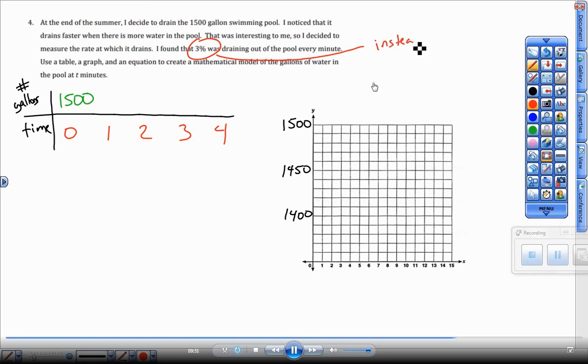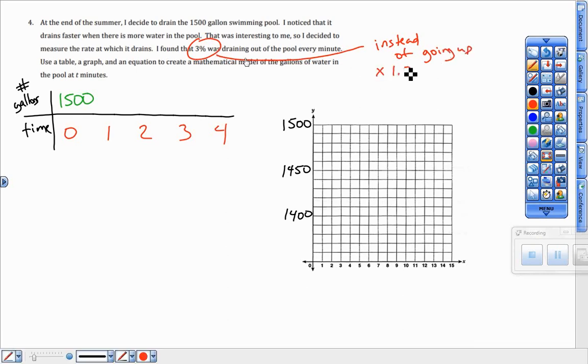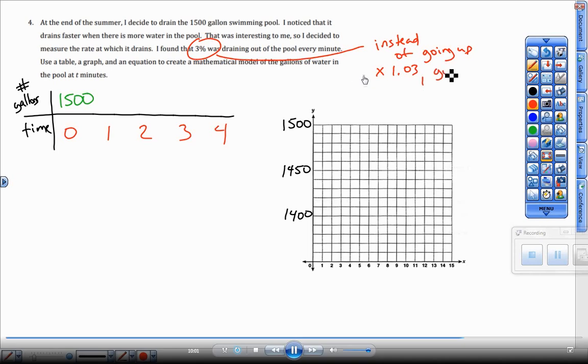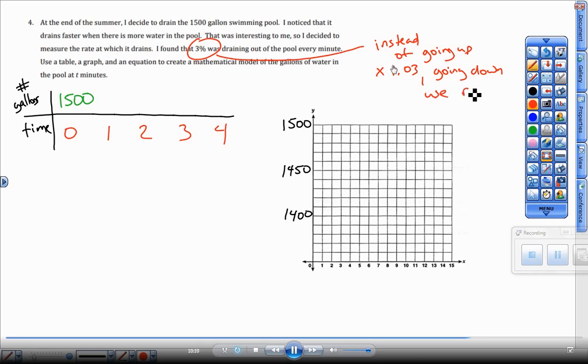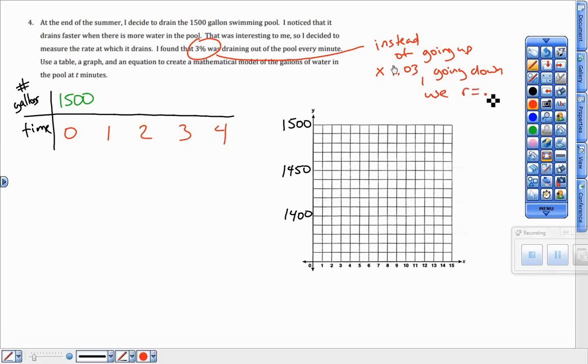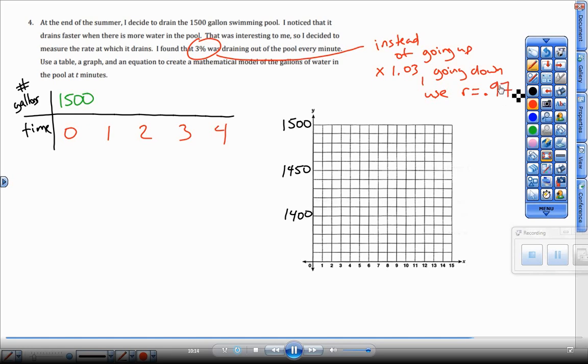Since it's going down, I'm not going to add 0.03 to 1 and get 1.03. I'm actually going to take 1 and subtract 0.03. So don't use 1.03. Going down, I'm going to use 0.97, which is just 3 percentage points away from 100. So 0.97, that is my common ratio.